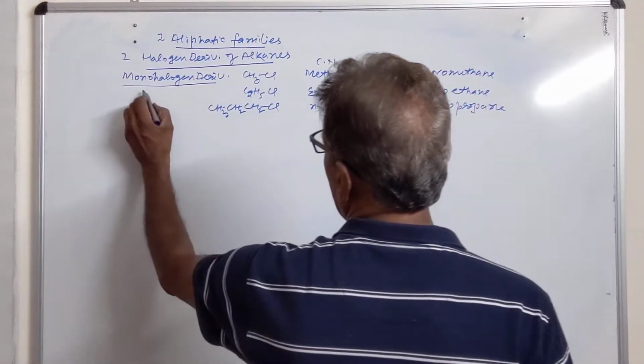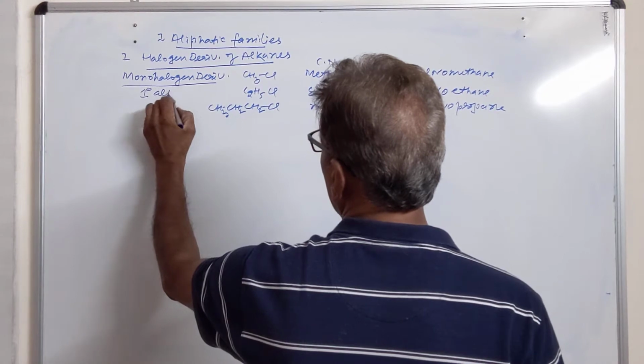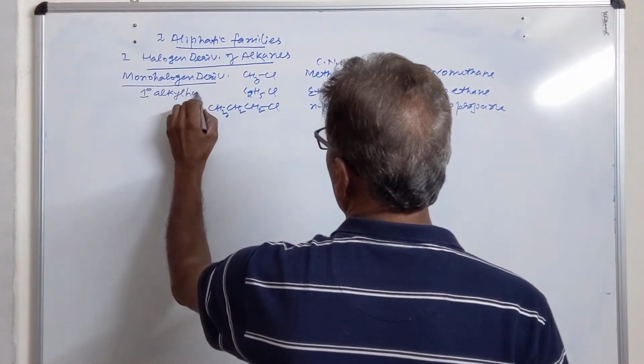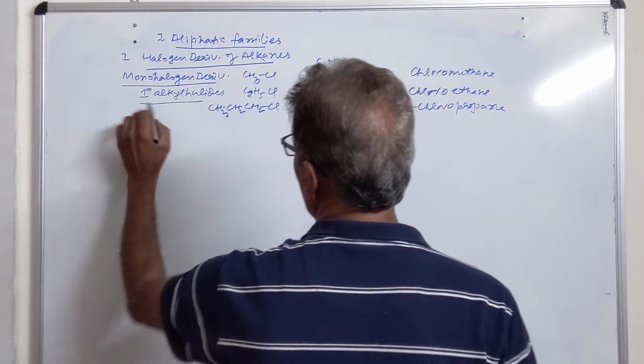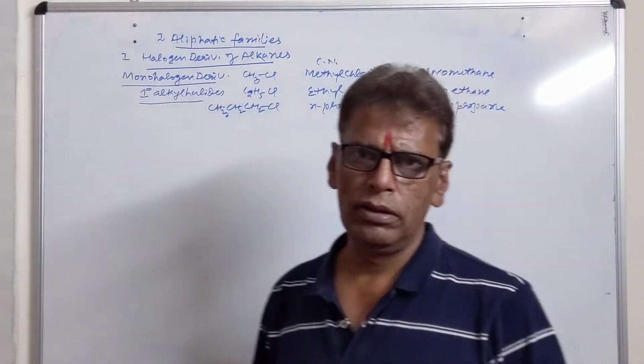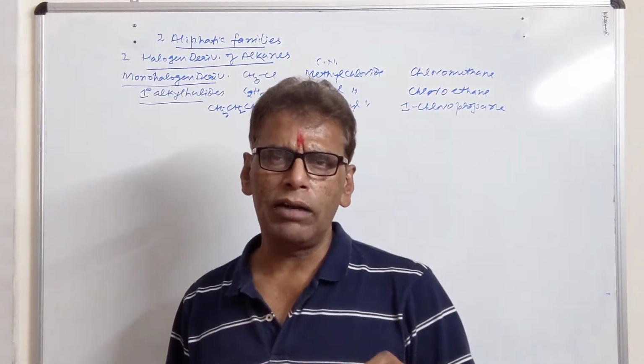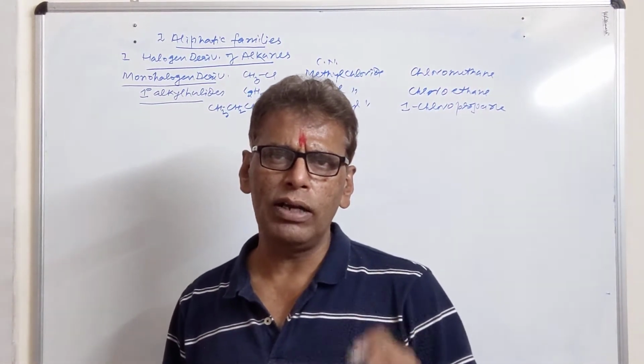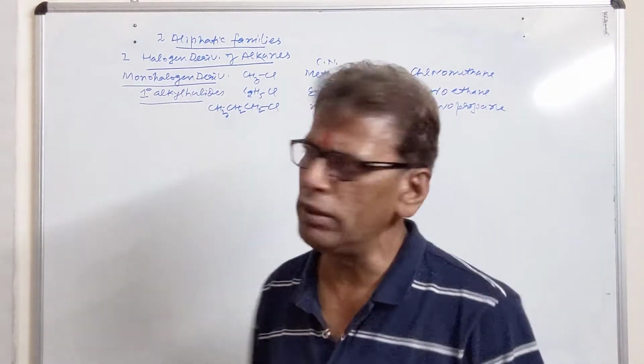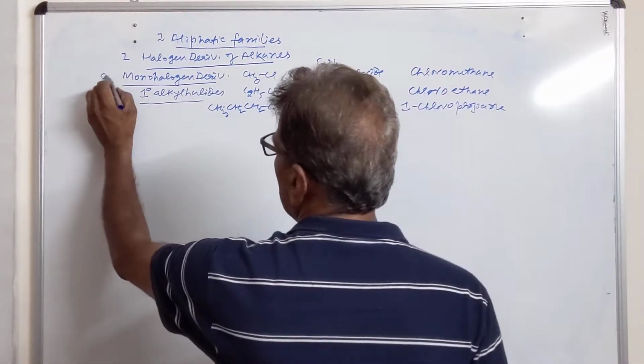These are all called primary alkyl halides, since the halogen is attached to a primary carbon. A primary carbon is that carbon which is attached to either one carbon directly or to no carbon. So this was the first class.